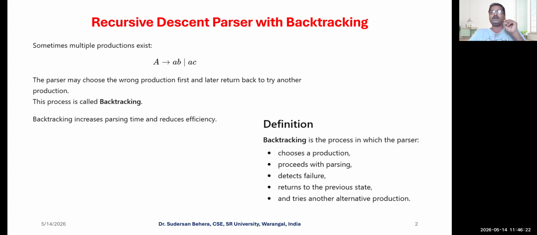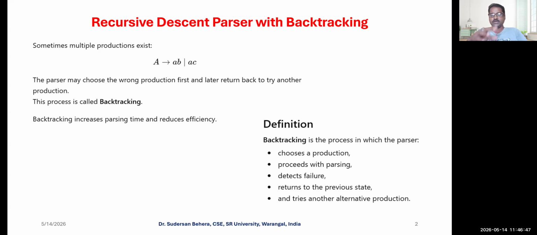So when multiple productions are given, the parser may have a chance to select the wrong production. If the wrong production is selected, then definitely it cannot see the target string. So again, the parser needs to roll back. See here, it is a time consuming method.